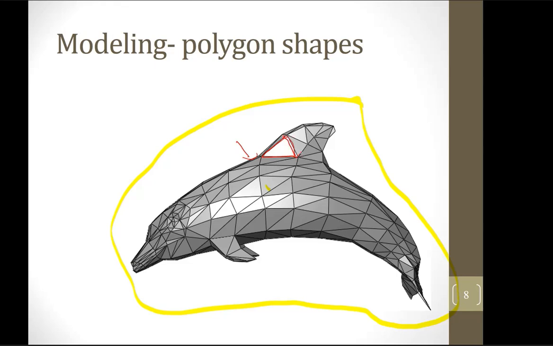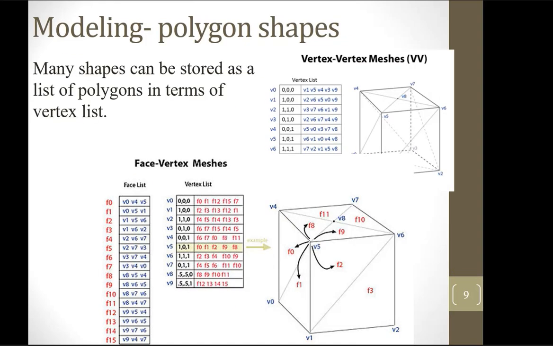We are making a mesh of triangles. By using these triangles, we are defining the shape of our dolphin. So we are making the modeling by using polygon shapes, and in that case we are using triangles.